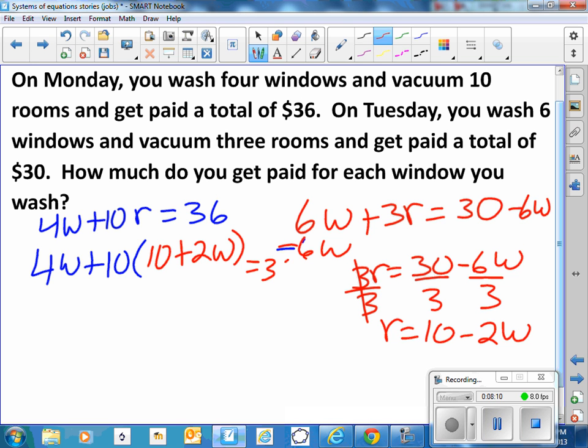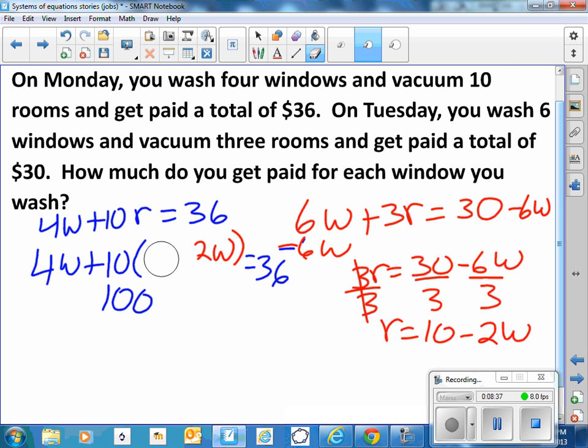Equals 36. Oops, I'll go ahead and do that in blue. Okay, so now we'll go ahead and multiply 10 tens is 100. 10 twos.